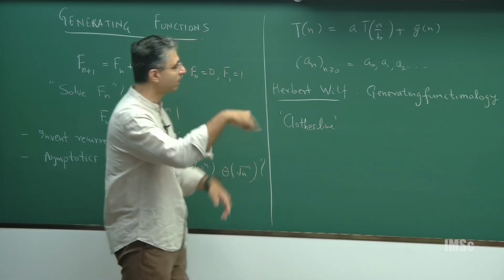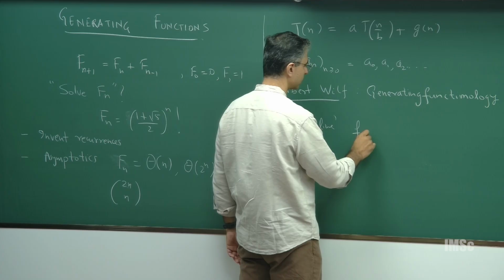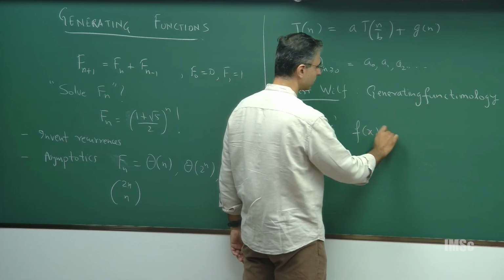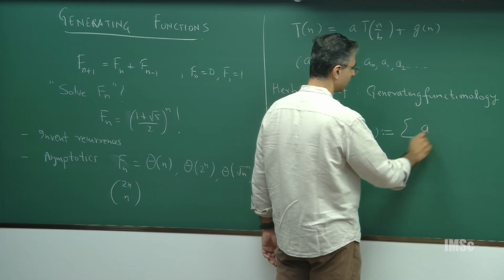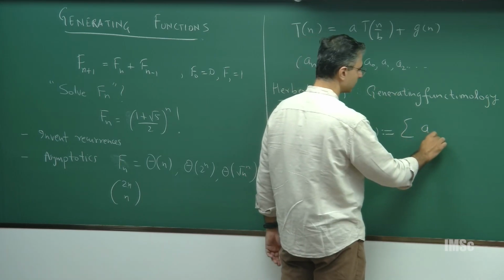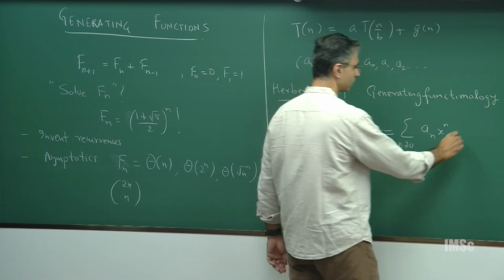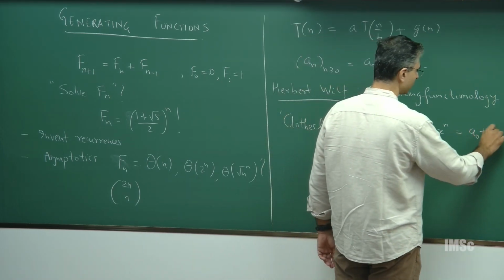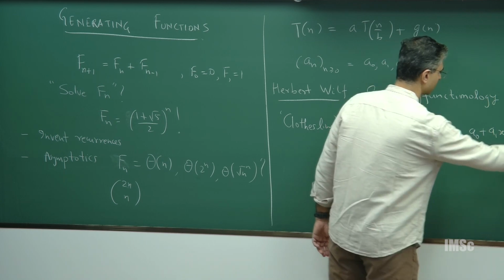So, how do we tie them up together? So, he says one way to tie them up is you define a function associated with the sequence as follows.